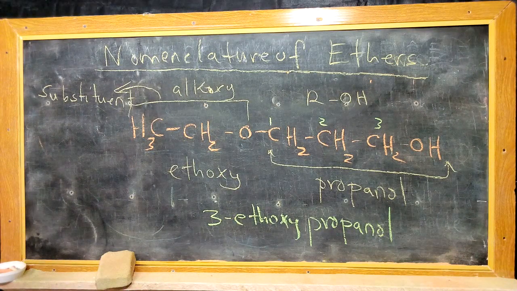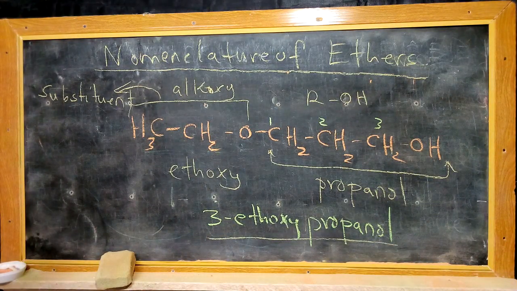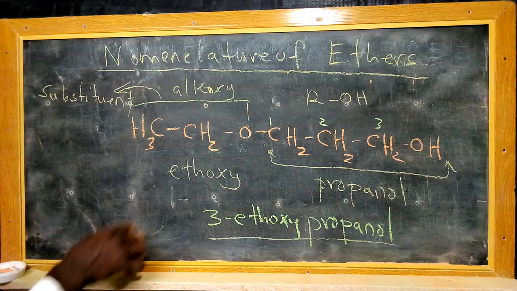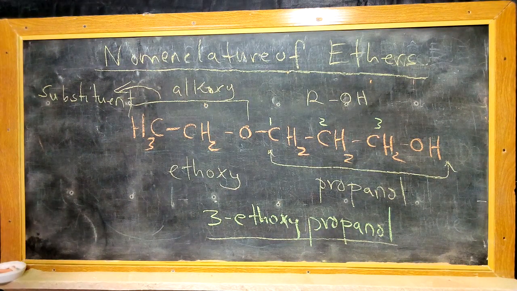So those are the same rules which we are applying here. The rest, in using the IUPAC system, follows the naming of other classes of organic compounds like the alcohols, etc., as we have mentioned. So this is the general format for naming ethers, and I hope that when we encounter other classes of organic compounds, or specific rules that need to be applied or exceptions, we'll be in a position to mention that.